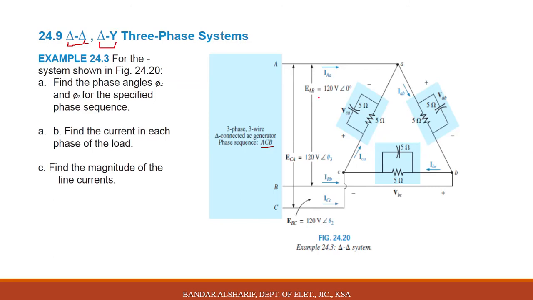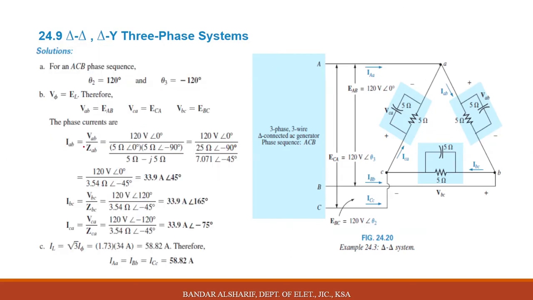Here in delta, line voltage equals phase voltage, but if it is Y, you need to be careful. Your calculation must be applied by phase value. Here you can see 120, it is the phase value. You will divide it by the Z here. You will get the phase current, as we see here. VAB divided by ZAB, which is 120 angle 0.